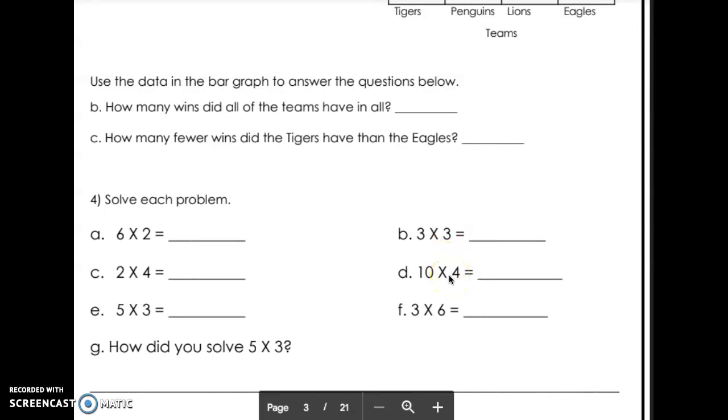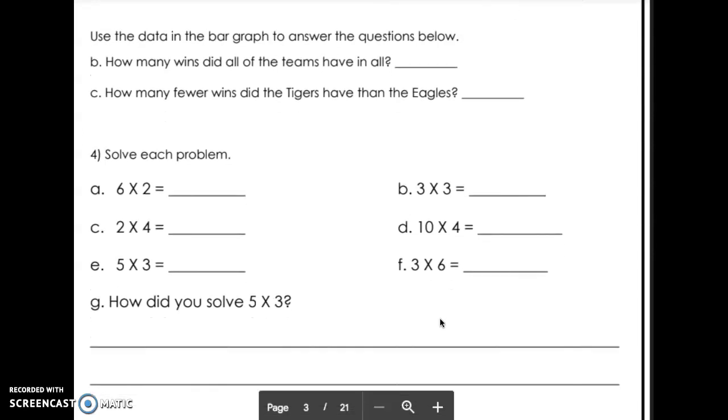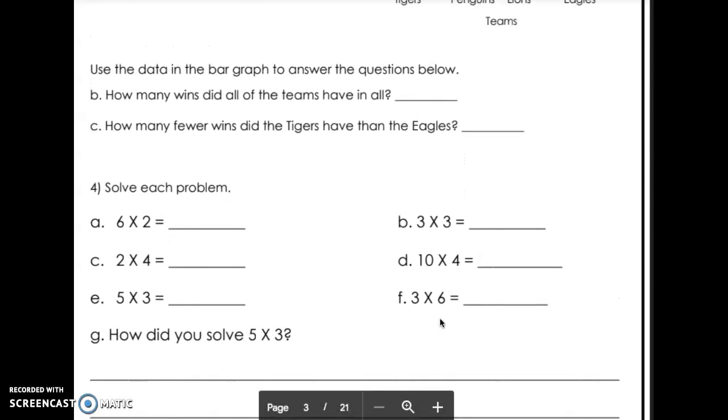And 10 times 4 is counting by tens 4 times, or you can think 10 plus 10 plus 10 plus 10. And 3 times 6 is the same as thinking of 6 plus 6 plus 6. So think about it, and you can figure this out, because multiplication is the same as addition over and over and over, repeated addition.